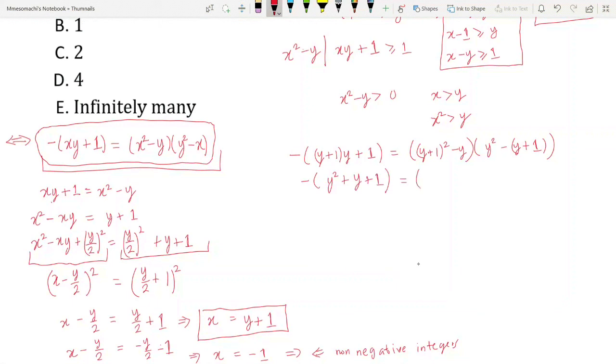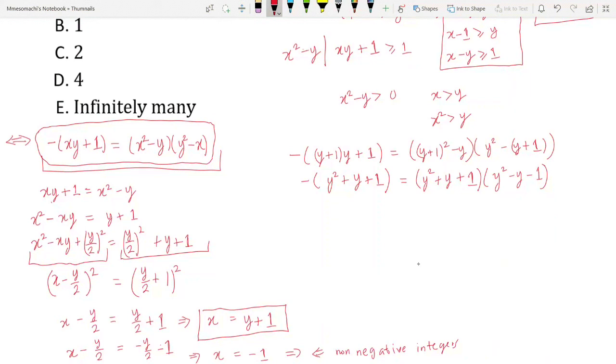Okay, so we just have to be careful that we don't make any mistake now. It's equal to y squared plus 2y minus y, so I'll just put plus y plus 1. Okay, we have y squared minus y minus 1. Okay, so we have x cubed plus y cubed equal to this.